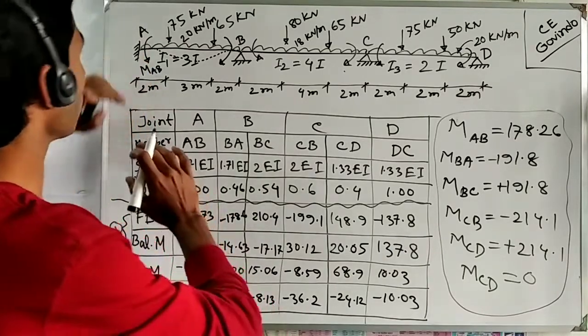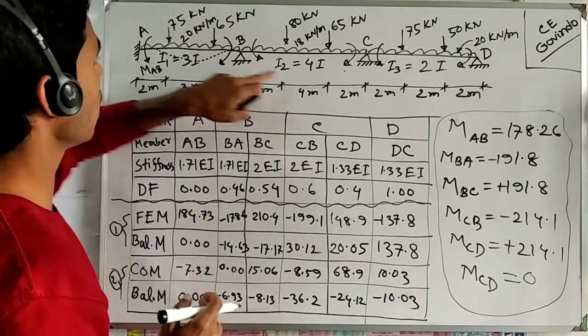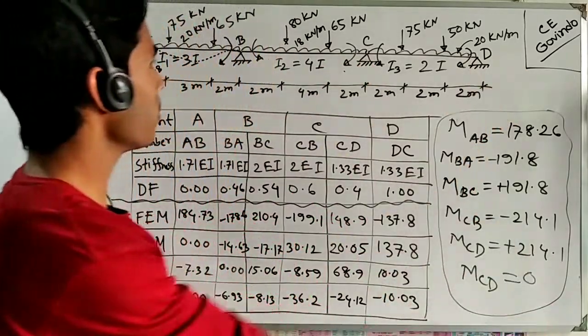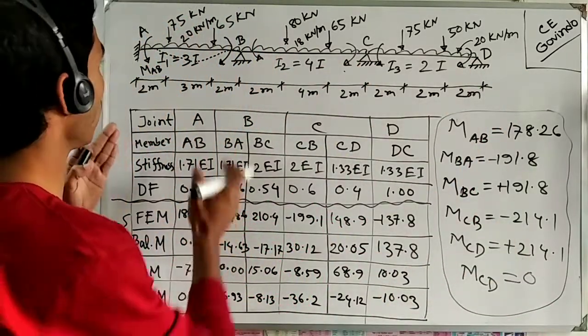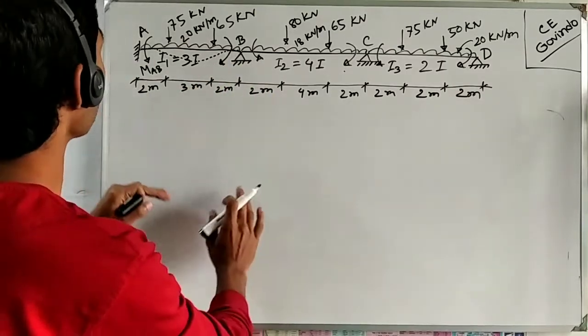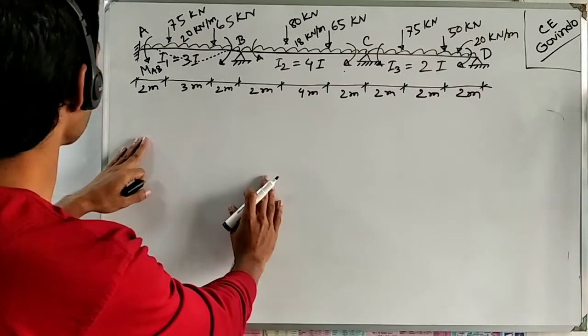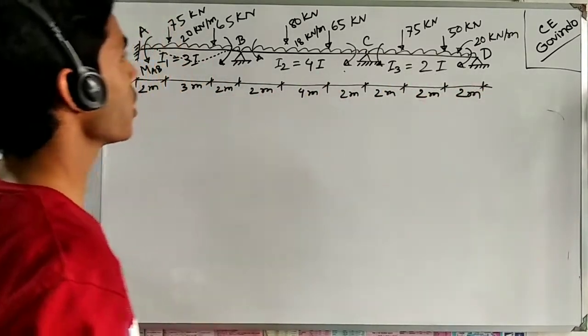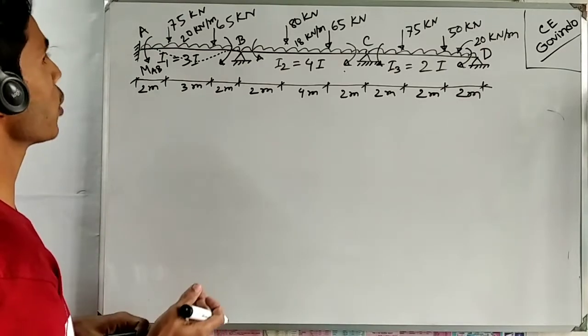Now we can calculate the support reactions at these different points by disassembling this member into free body diagrams. For example, if I take just one portion, this member is now statically determinate for us. If you want to go for further calculation, that is, the support reaction at this point or at these different points, we can find it very easily by taking the free body diagram.